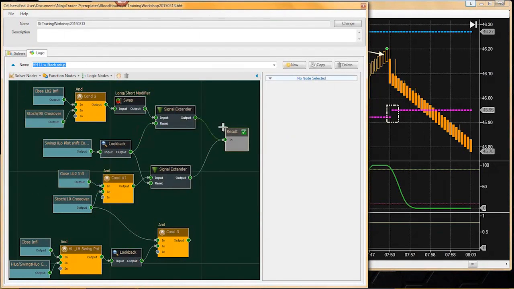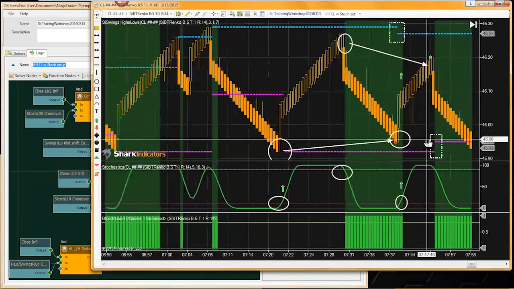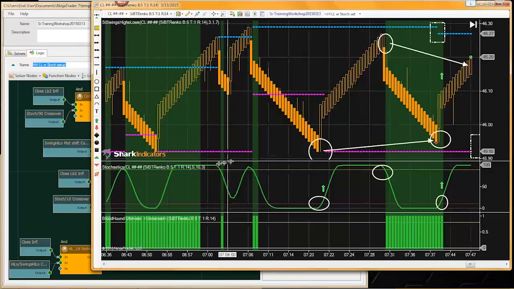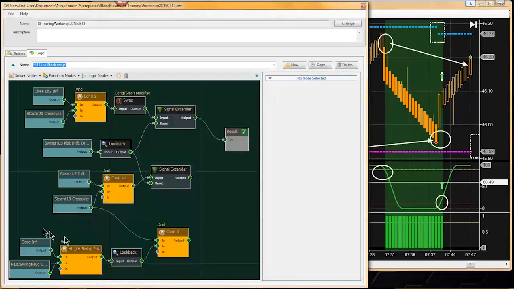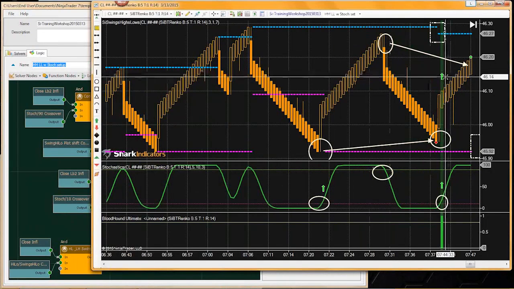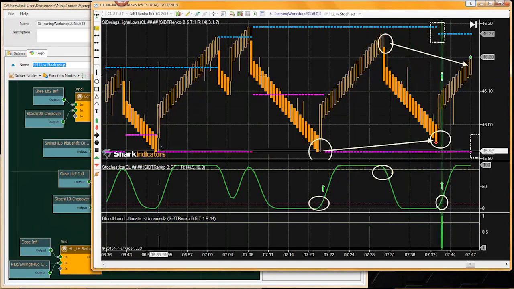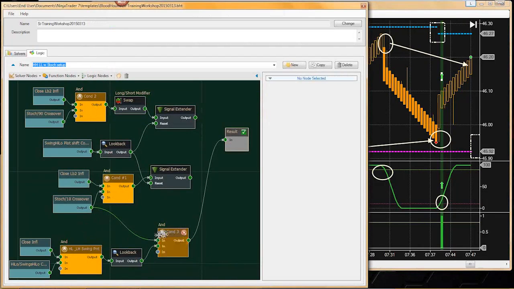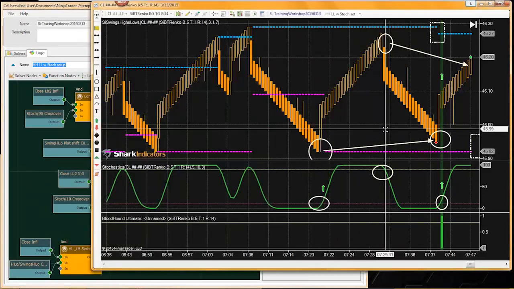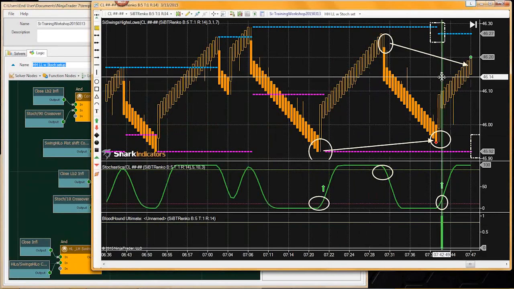All right, so let's take a look at condition 2. There's condition 2 extended forward to our trade setup, and then of course condition 3 actually provides the trade signal. As you're building your logic here, condition 3 is really what provides the final trade setup or the trade signal.